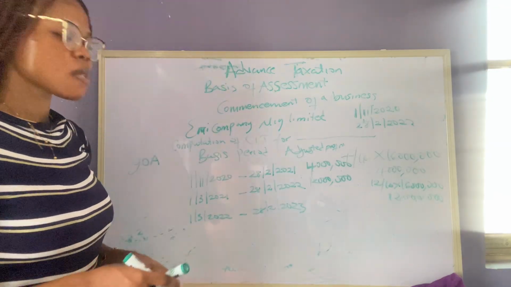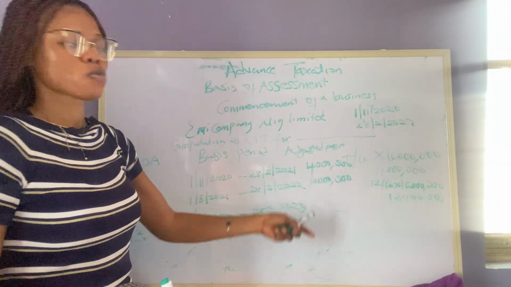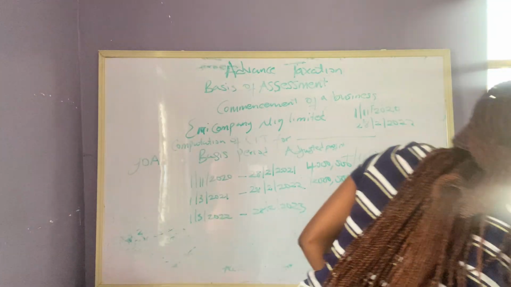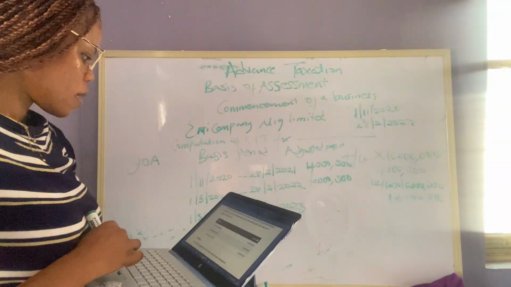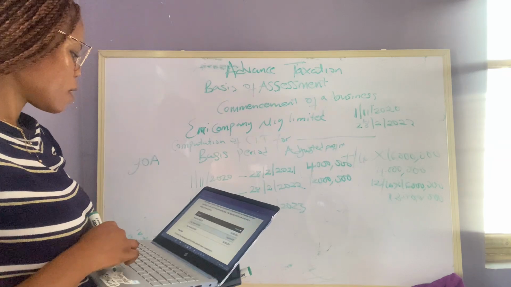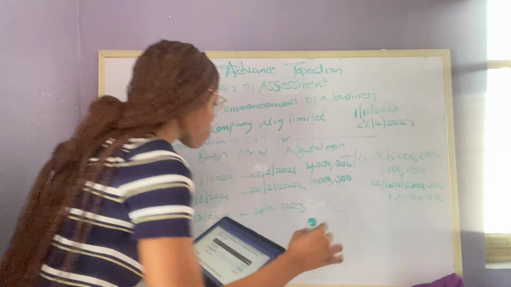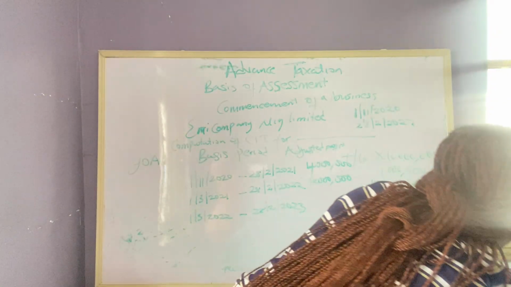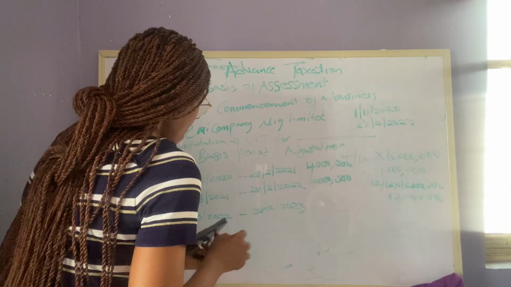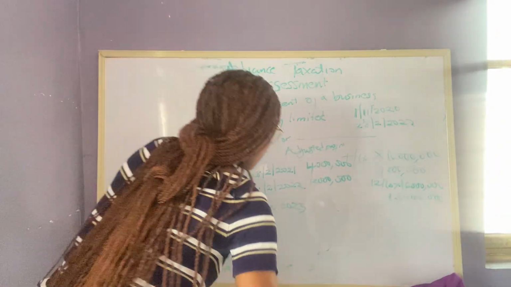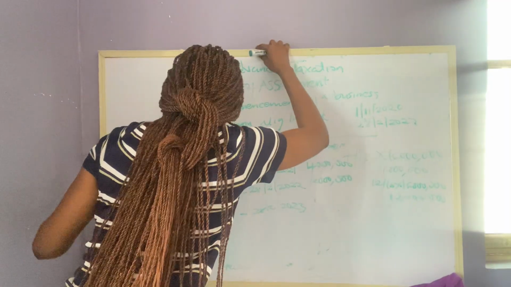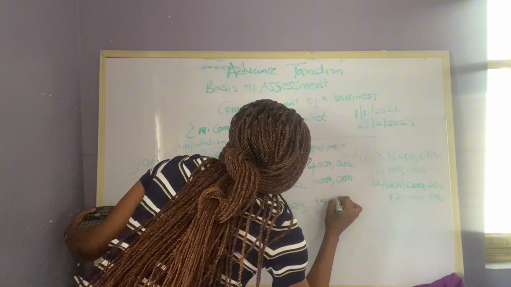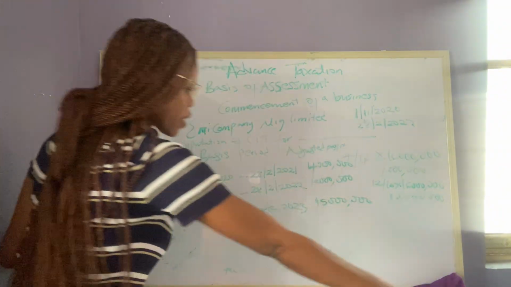So it's not your responsibility, after you determine your basis period, to compute it, right? So the year ended 2023 profit will now be 15 million. 2023 profit is 15 million accordingly, based on our question.